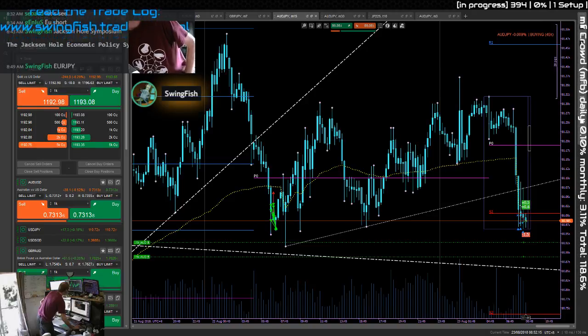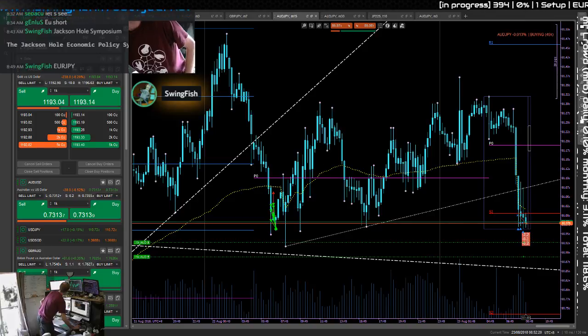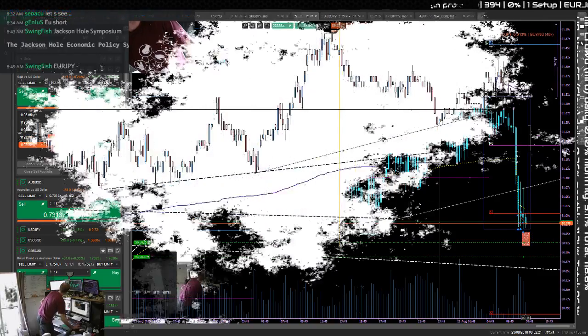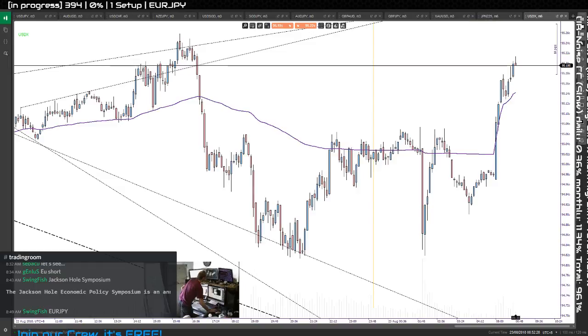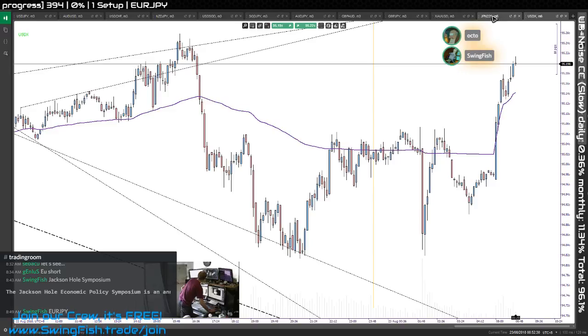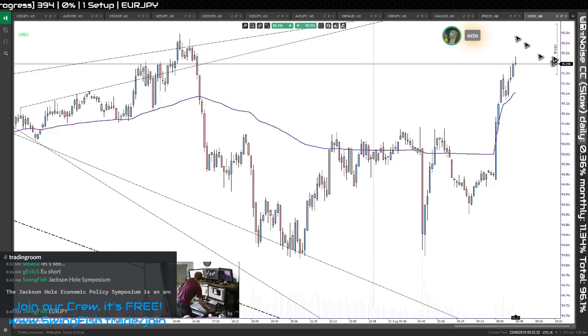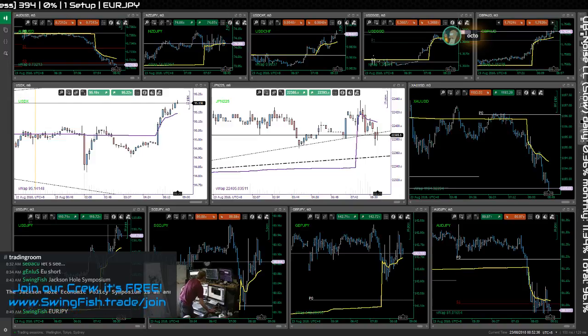But a lot of rejections to the upside, and the Nikkei is not on our side as well. What's the dollar doing? On the 15-minute chart, the Euro-Yen has put in the first lower low of the trend.